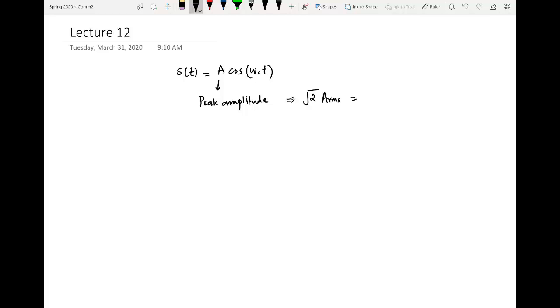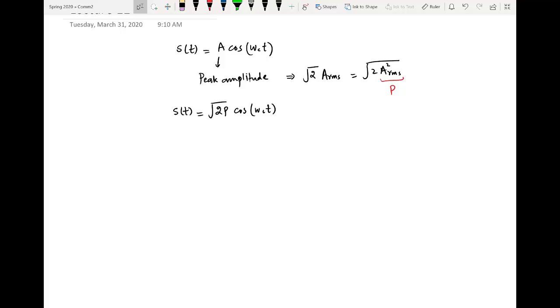Or I can also write it as the square root of 2 times ARMS squared. Now, assuming the standard 50 ohm model, this ARMS squared can be replaced by the power of the sine wave. In that fashion, I will write S of t as square root of 2 times P, times cos of omega c t.